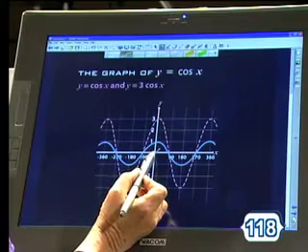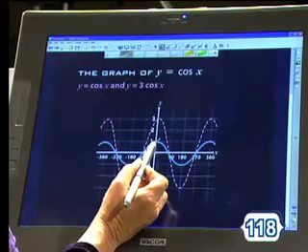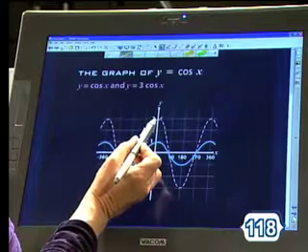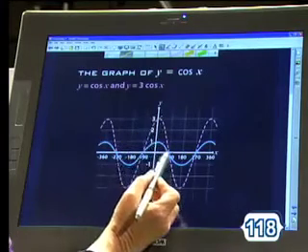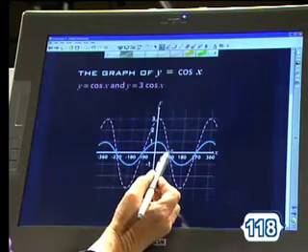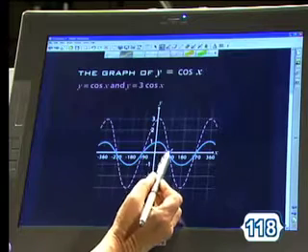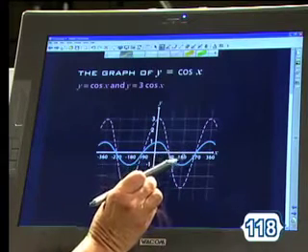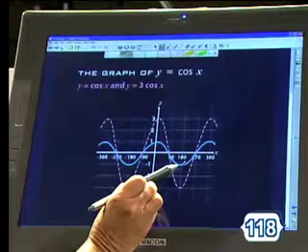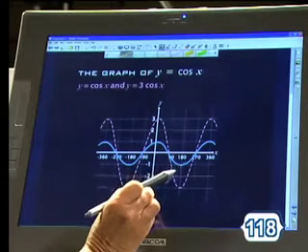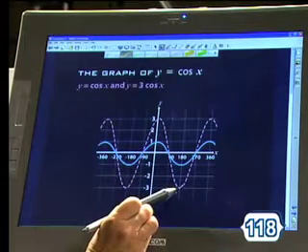So at 0, it was 1, but 1 times 3 is 3. At 90, it was 0, and 0 times 3 is still 0. Can you see that -1 was the original graph? If we times that by 3, we land up at -3.